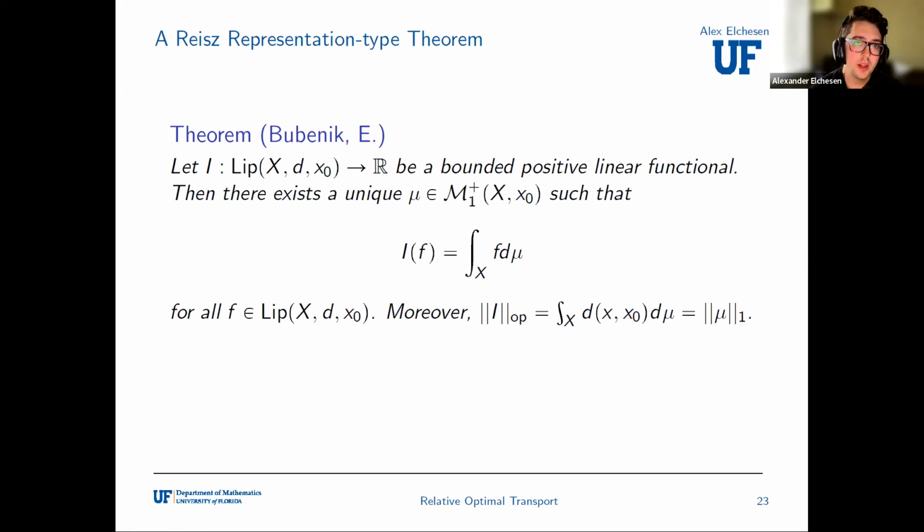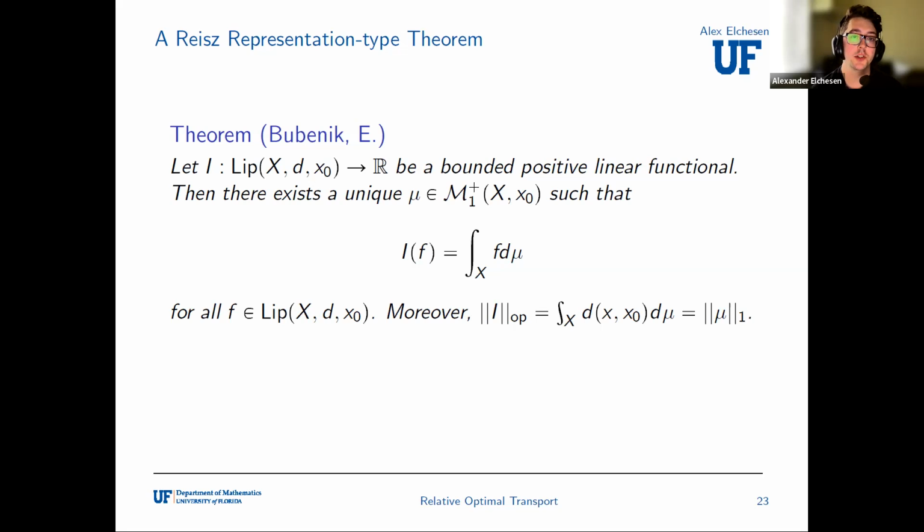And so one really interesting thing that we noticed right away is that there's a sort of representation theorem. So these measures, or these equivalence classes of measures, are actually in one-to-one correspondence with linear functionals on the space of Lipschitz functions. Okay, so let me say that more carefully. Suppose we have a bounded positive linear functional I on this Banach space of Lipschitz functions, which vanishes at the base point.